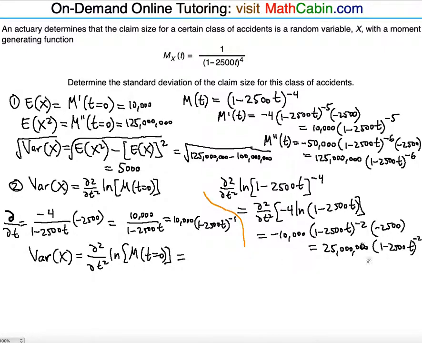Let's square root this, because we're looking for the standard deviation. Since t is equal to 0, this whole thing is just 1 times the 25 million, and the square root of 25 million, as we've noted before, is 5,000, as before.